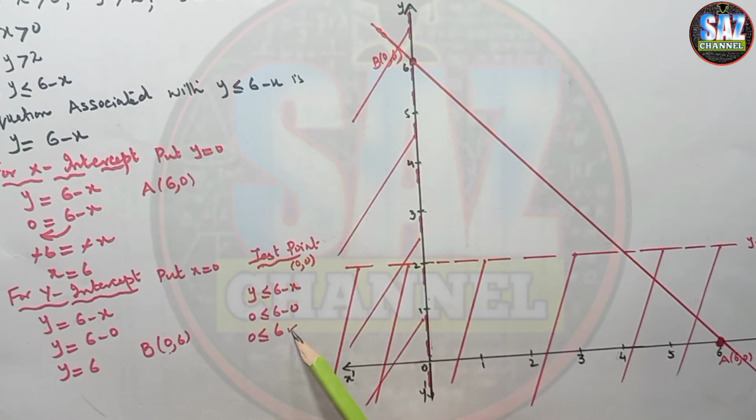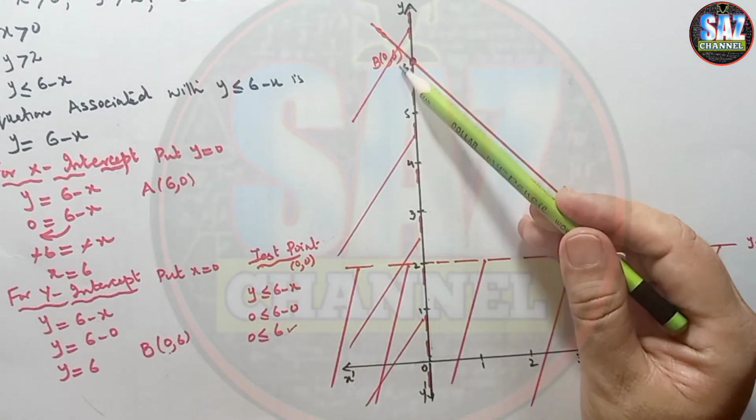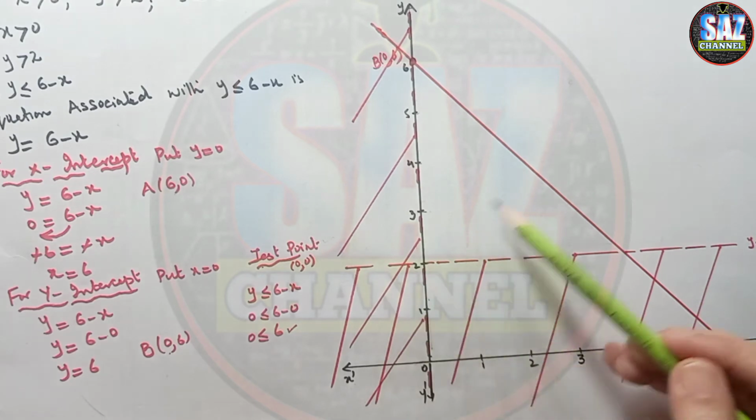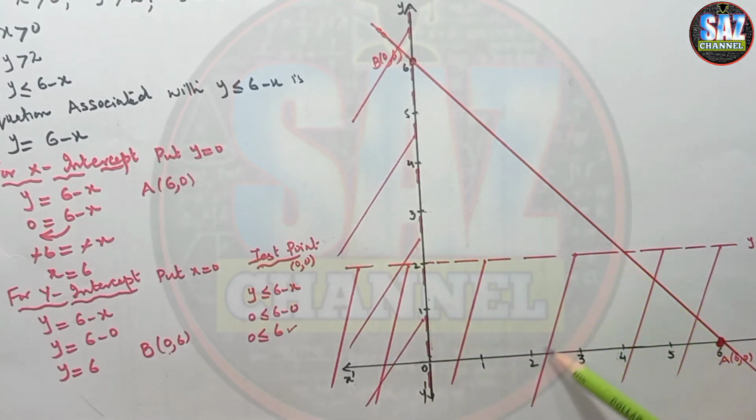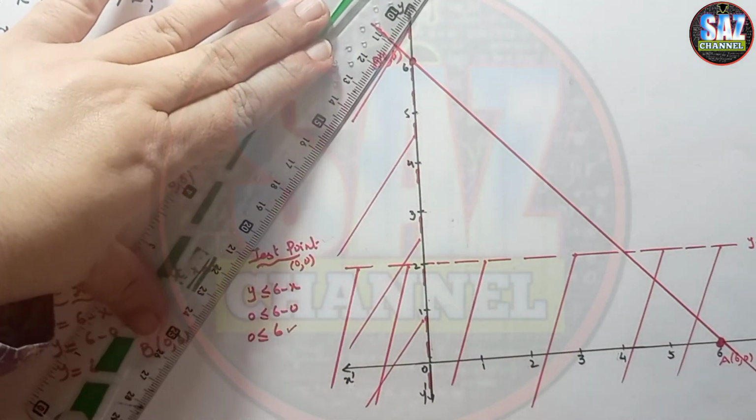It means that the test point is satisfying this inequality condition, and when the test point satisfies the given inequality condition, the shading has to be towards the origin. It means that the actual region for this condition is towards the origin or below this line. But as the question says that we have to leave the actual region unshaded, I will be shading on the opposite side, the above side of this line.